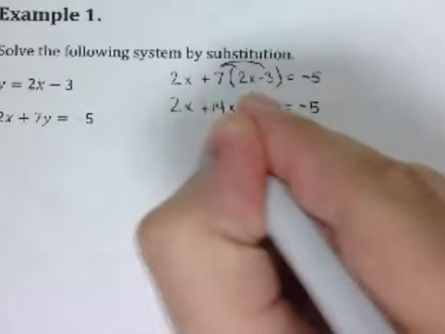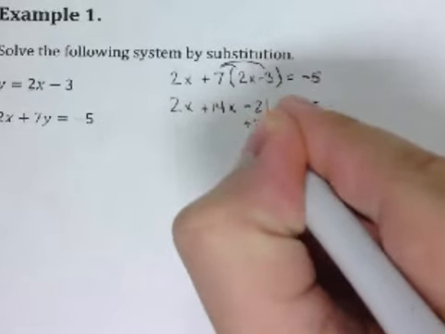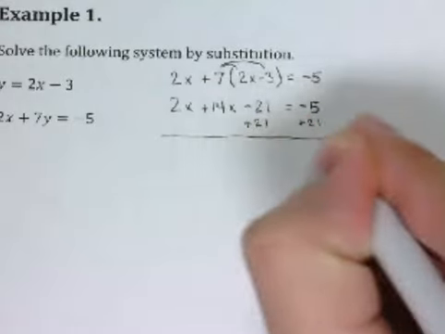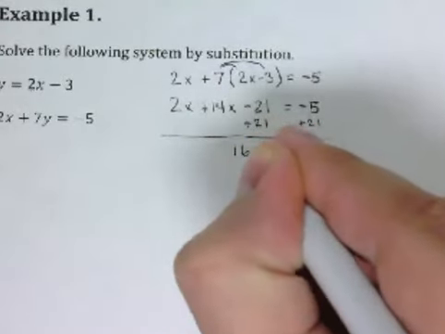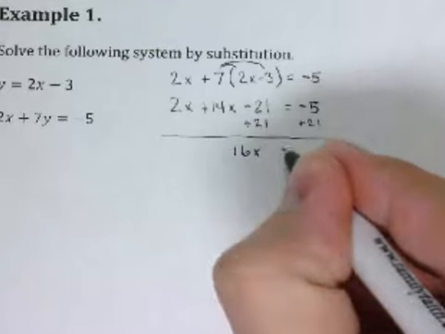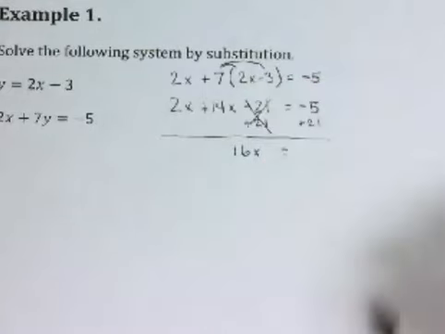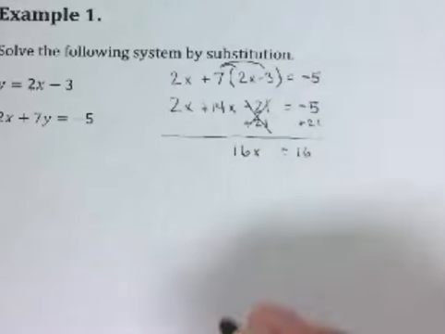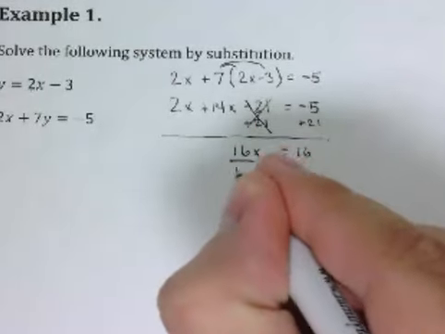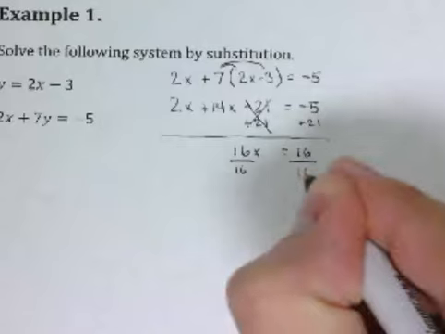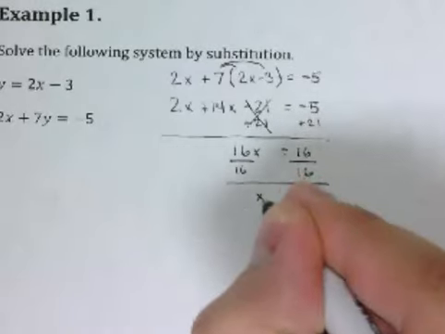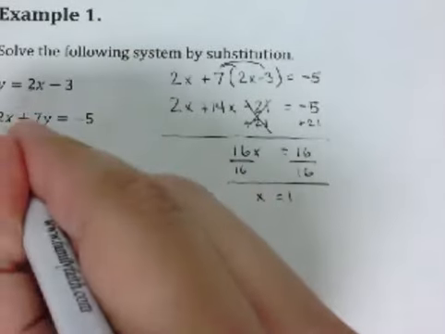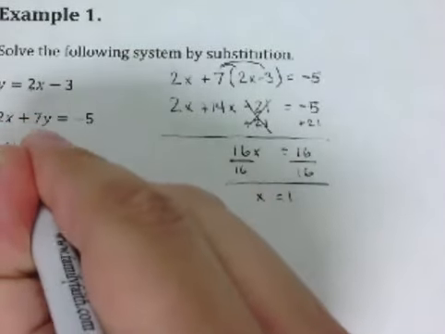And we'll also want to add 21 to both sides. So our combination of like terms is 16x. The 21 cancels itself out. Negative 5 plus 21 is a positive 16. And finally divide by 16 on both sides. And we're going to end up getting x is equal to 1. So that's the value of x. x is equal to 1.